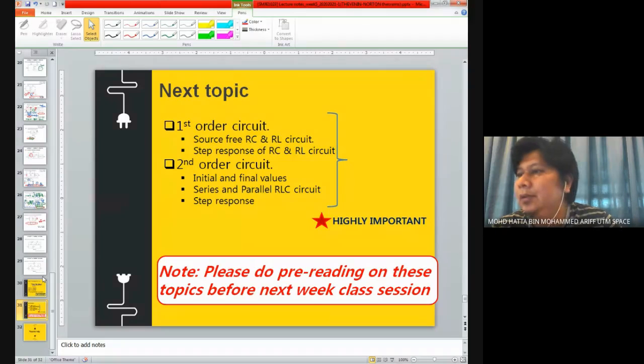The next topic is also important. It is first order and second order circuits, where we consider capacitor and also inductor in our DC circuit. For your information, the first order and second order circuits are a bit tough and not included in test 1.